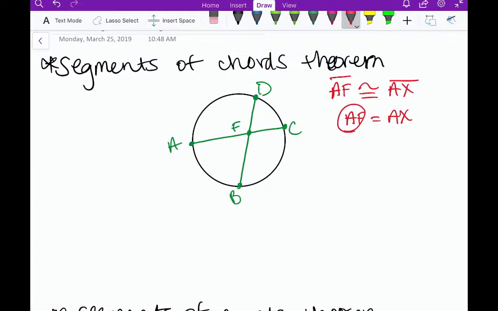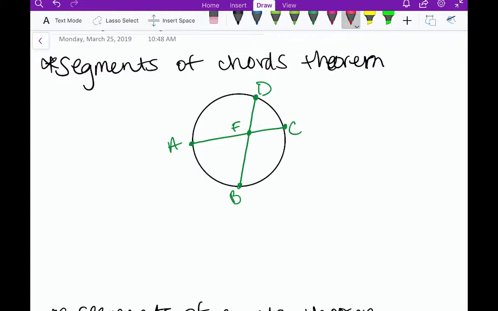Remember, this means the distance from A to F, which is a number. So that's the language that I'm going to be using. Remember, if the distances are equal, then the segments are congruent. And if the distances are the same, then the lengths are the same.